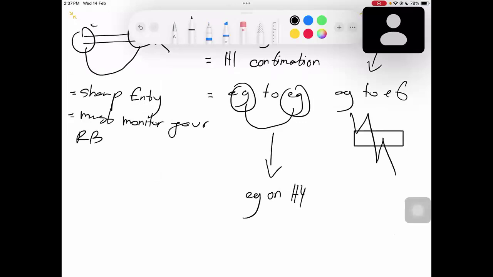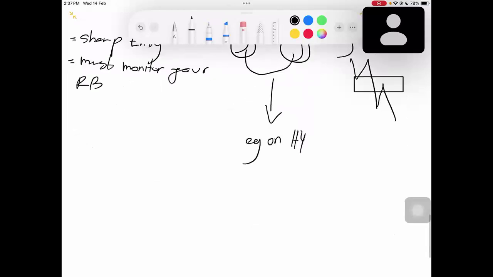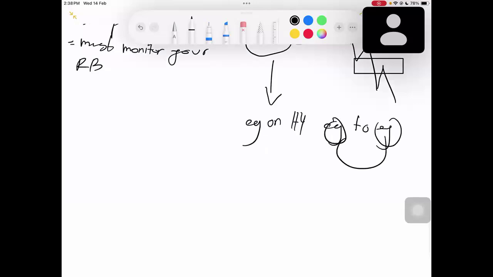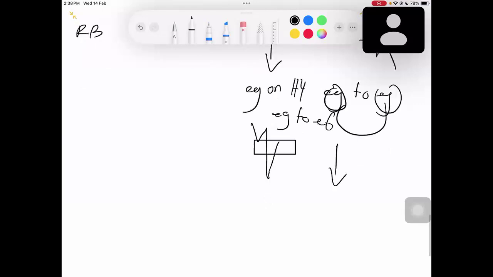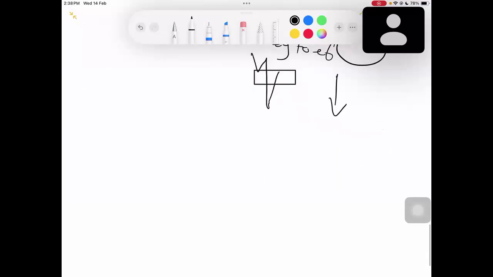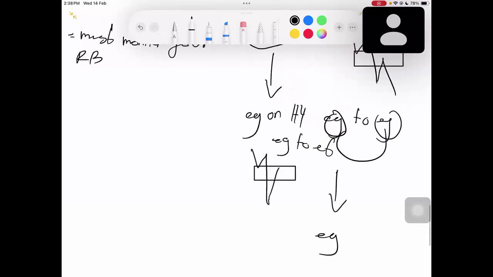So to complete daily EG, H4 needs to have EG to EG or EG to EF. Then daily we form EG. Do you understand?